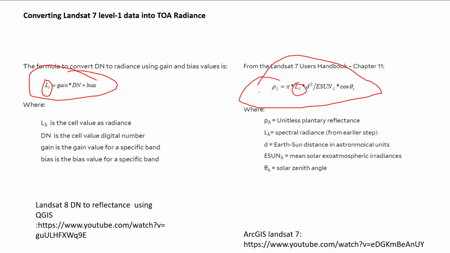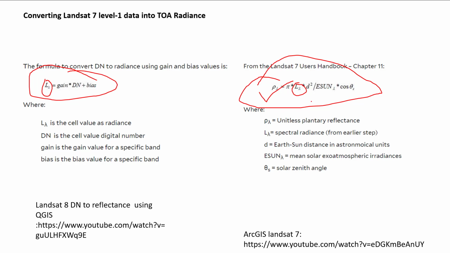In the case of Landsat 7, conversion of DN value into radiance is essential, because for the output of reflectance, if you want to work with TOA reflectance, then you obviously have to first convert DN value into radiance.